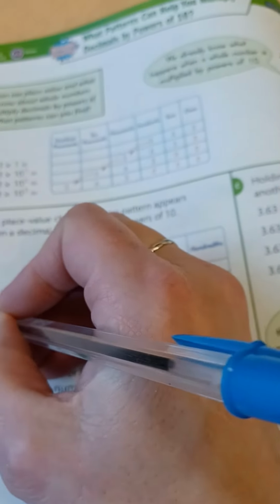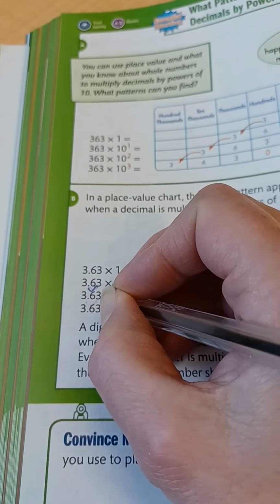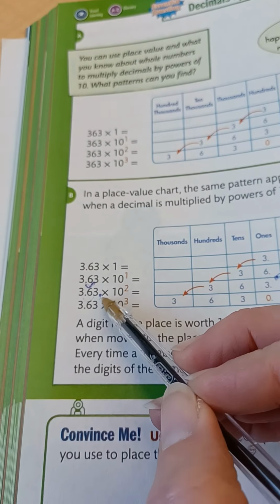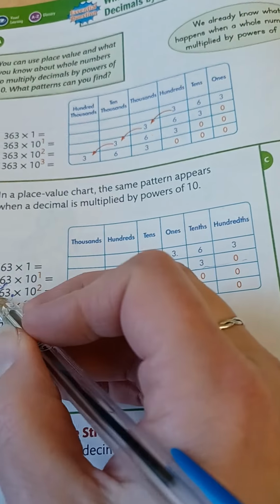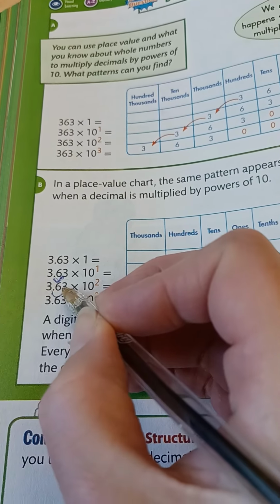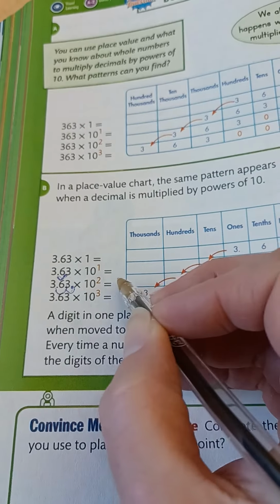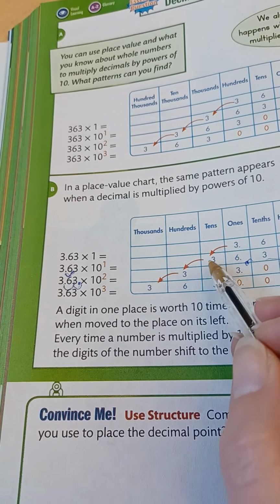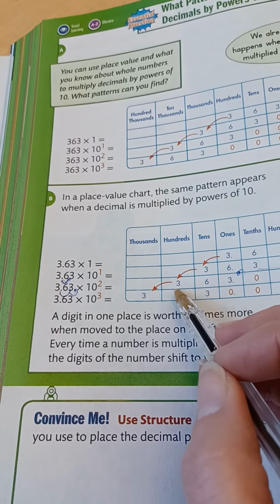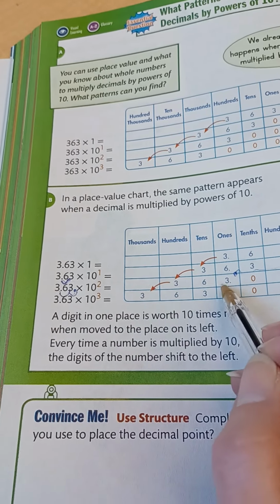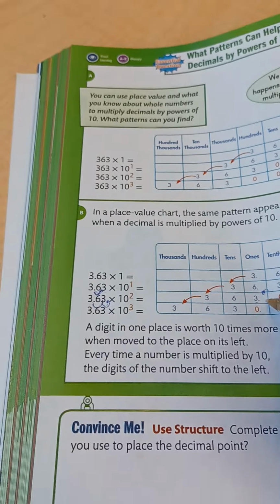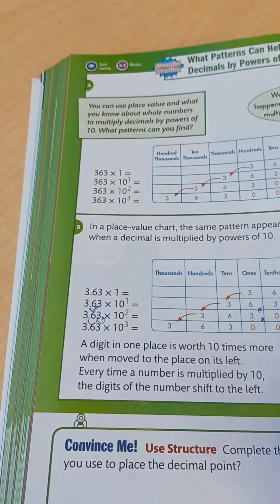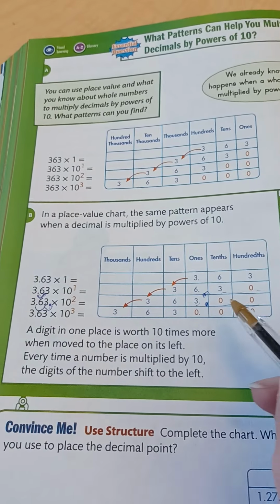So now my decimal point will be here, right? Because I moved it 2 spots, 1, 2. Same thing here. So we just move it over. So now it's 363, and again, of course, the point is here, and it's 0, 0, so that means nothing.